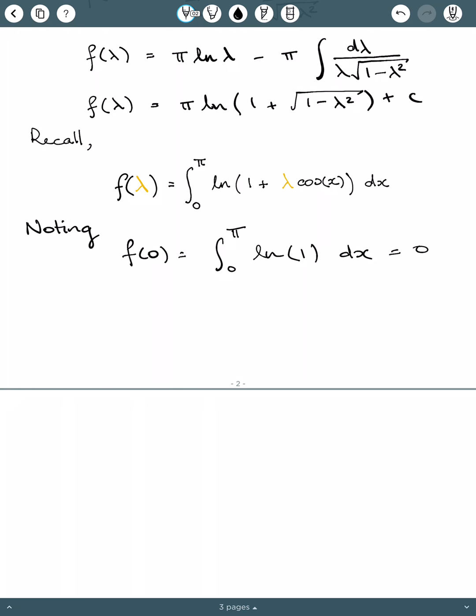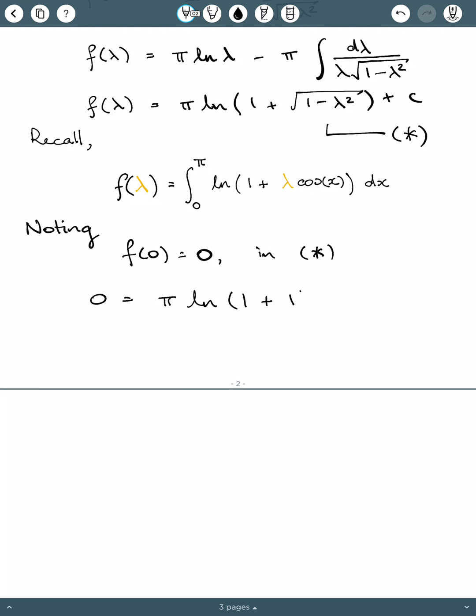Okay, so f of 0 being 0, if we put that into equation star, then 0 equals pi log (1 plus 1) plus C. Okay, so C equals negative pi log 2.